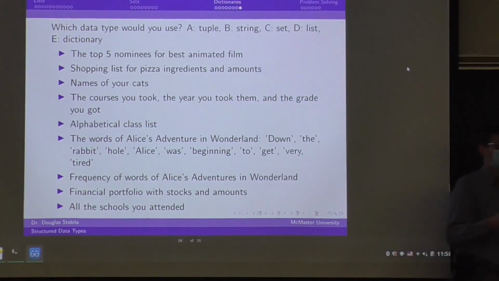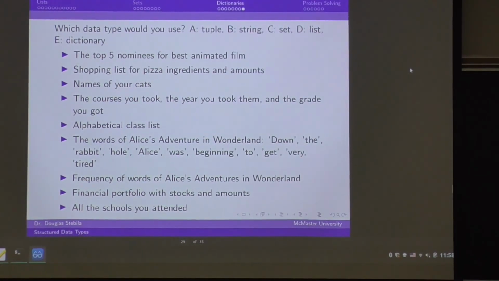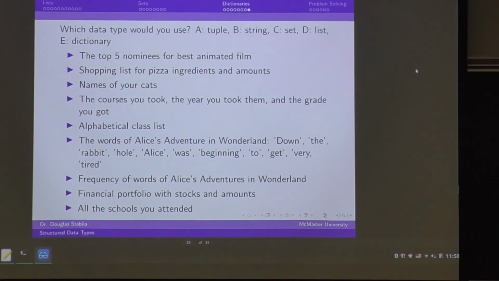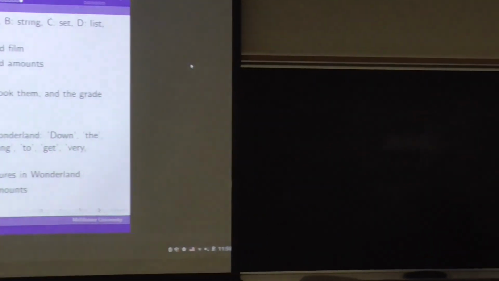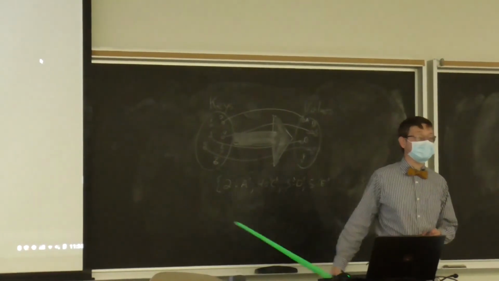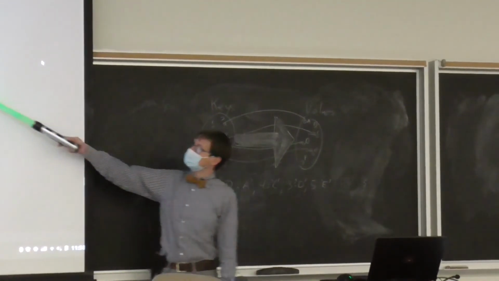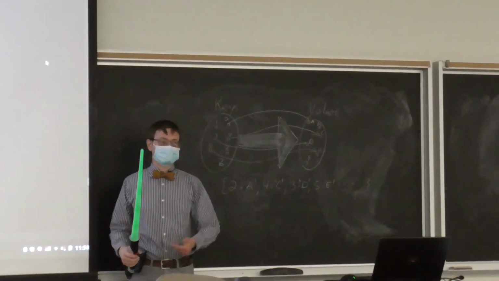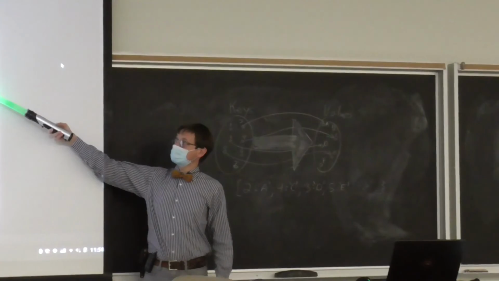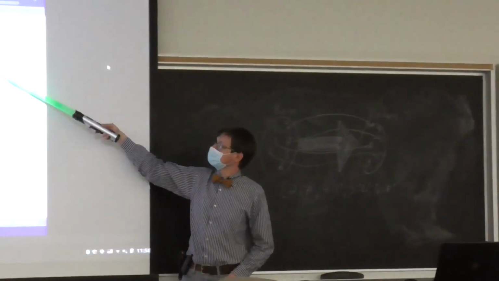You could do position and name? Well, if you were just taking nominees, you wouldn't necessarily be implying an ordering of them, because if they're the nominees, think about the Oscars. We haven't yet had the envelope opened to see who the winner is. So I would say in this case, tuple, list, or set, probably.